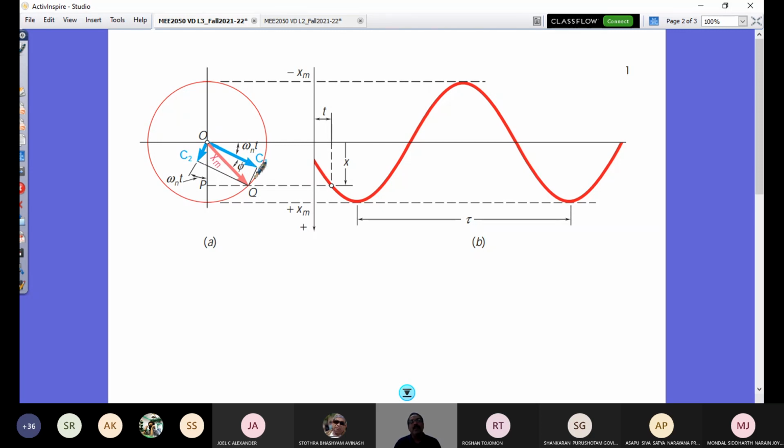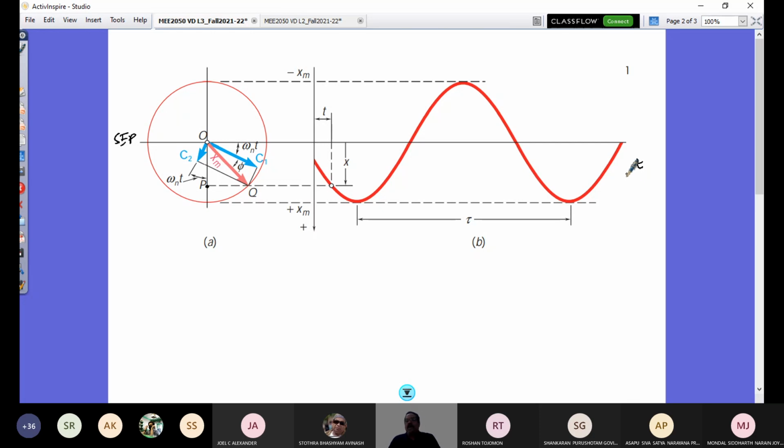This phi angle is what is called the phase angle. Now if I project this OQ onto this diameter, this OP vector is my x vector, and that gives the variation of the linear displacement from the static equilibrium position, point O, as a function of angle, or here I can put time.